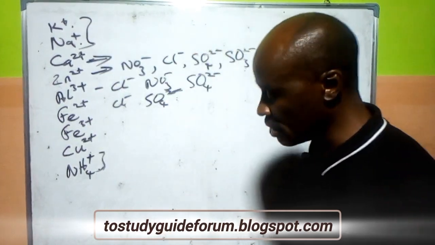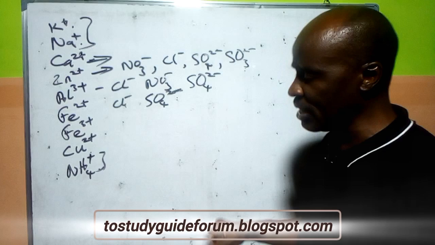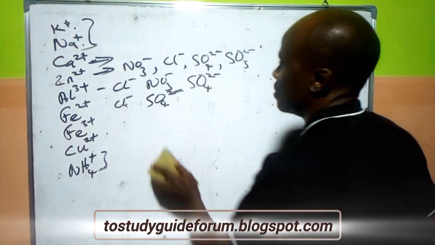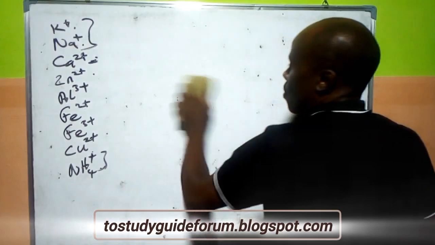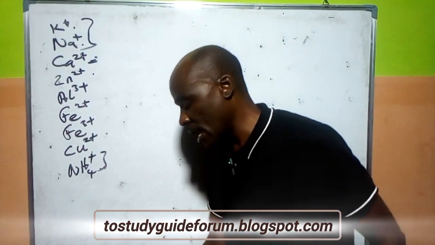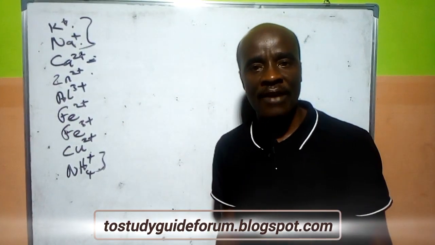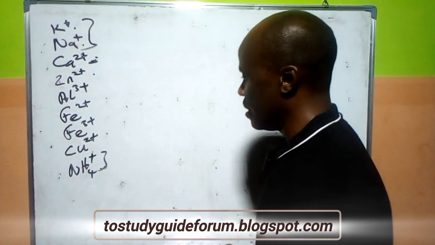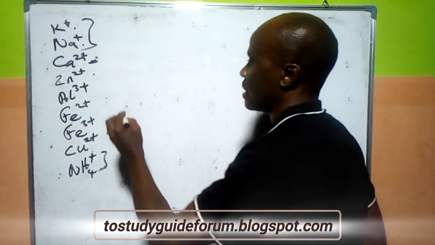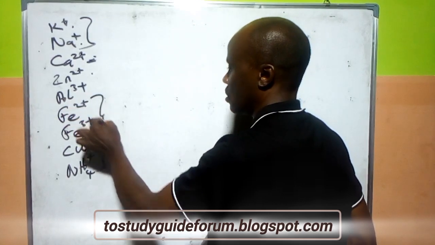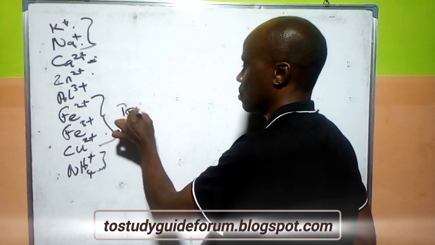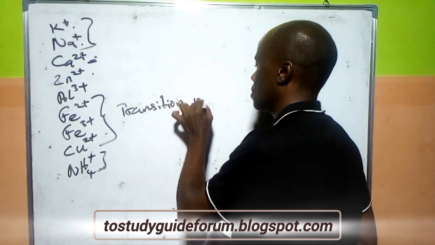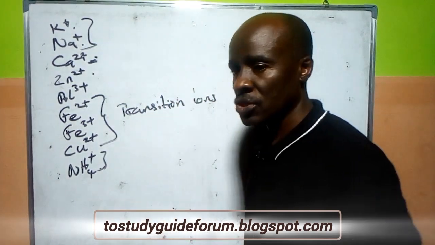Now, the next thing we are going to look at is based on colors. I will try to be a bit fast in this so that we can meet up. Based on colors, there are some of them that in solution have color. Colored ions are mainly a result of what we call transition ions.